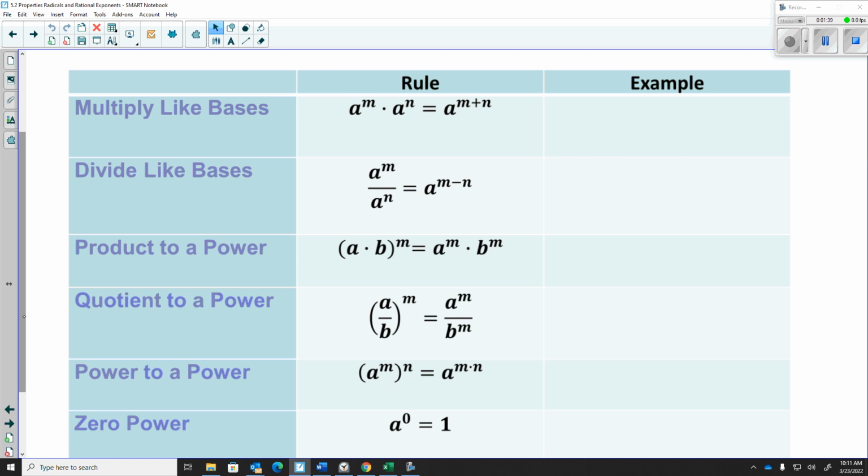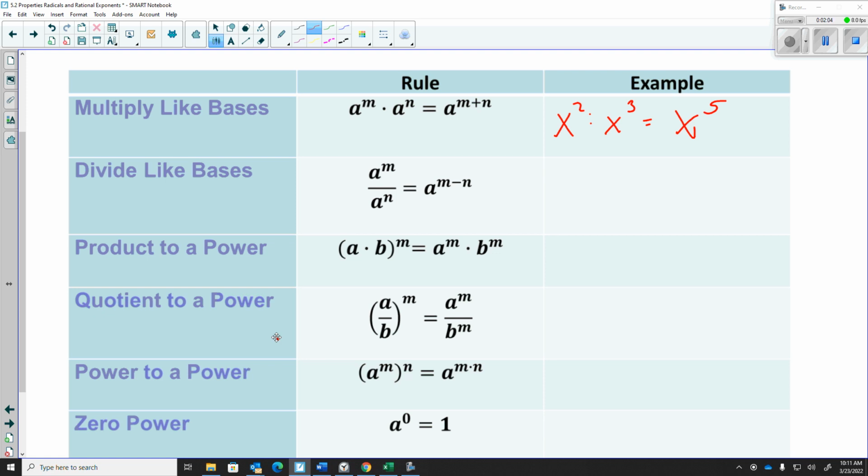Here's what it is. If you are multiplying things and they have the same base, let's say x squared times x to the third, do you know what you do with those numbers? You add them, so it becomes x to the fifth. That's one of our exponent rules.